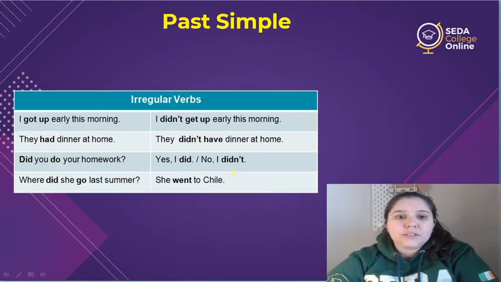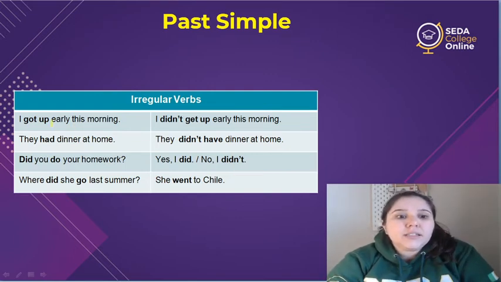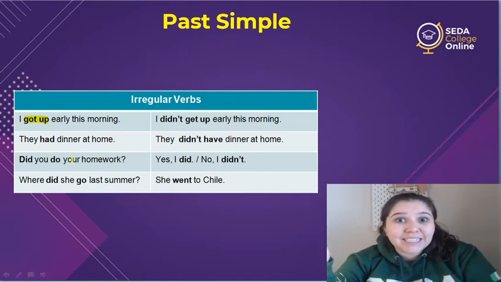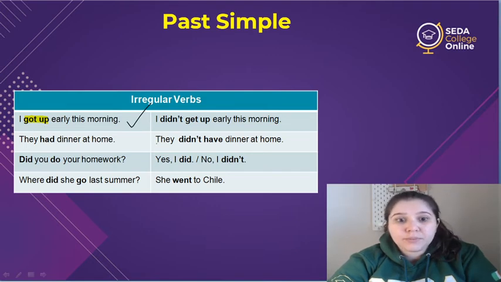Now, the irregular verbs follow the same structure for sentences as the regular verbs. The difference is that the verb doesn't have ed, but it's the same structure. Let's see. I got up early this morning. So got up is the past form of get up. If it's an affirmative sentence, we use the verb in the past form.